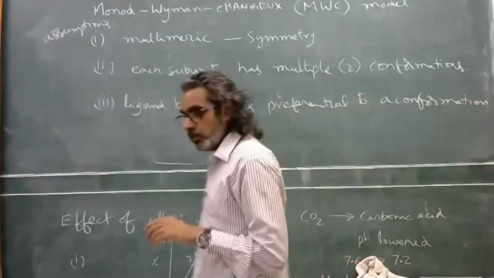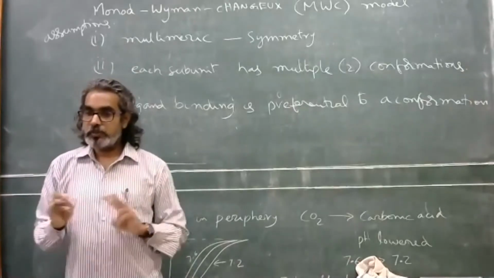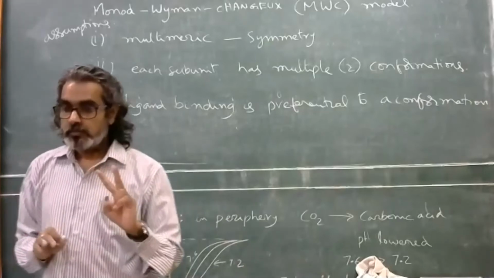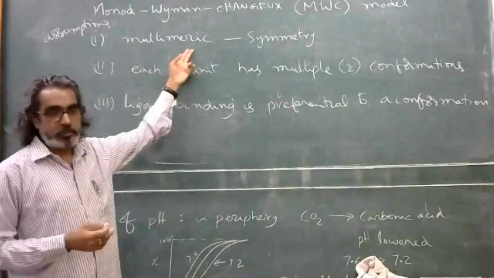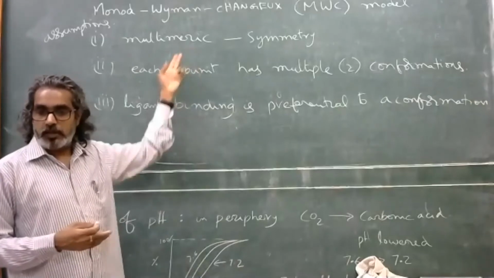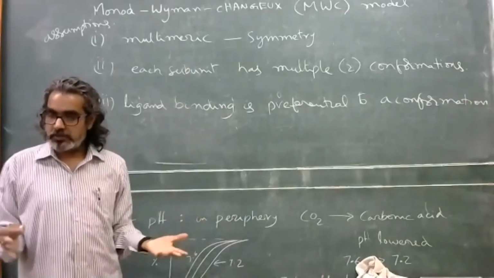Okay, so though the subunit can have, let's say, at least 2 conformations, the ligand needs to be preferentially binding to only one. But if the ligand has no preference, then it doesn't matter whether you have a multimeric, or if it has multiple conformations, because the ligand is not able to distinguish.